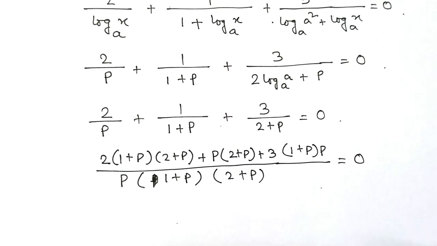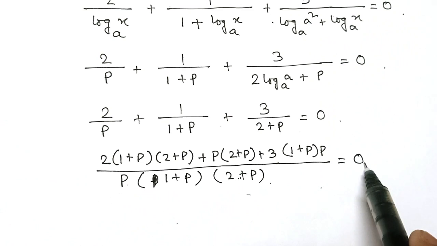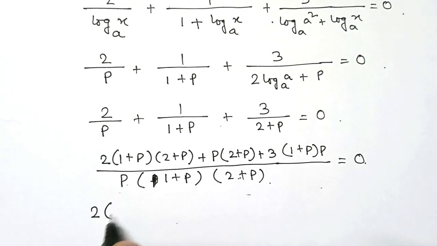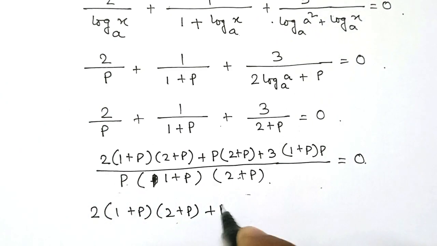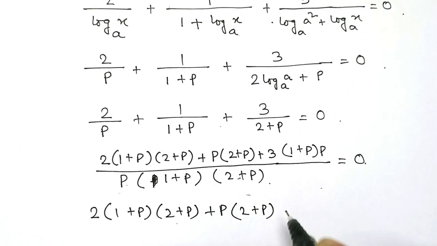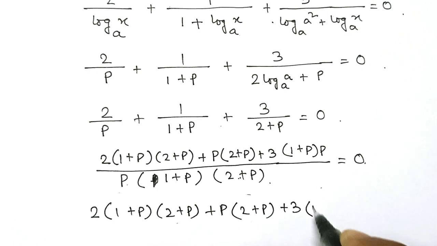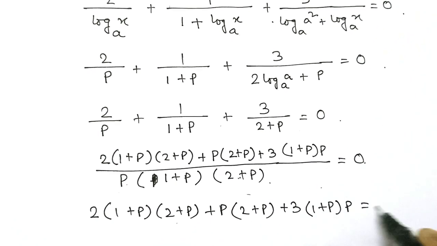This will be equal to 0. We can now cross multiply this total denominator with this 0, and it becomes 2 into 1 plus p into 2 plus p plus p into 2 plus p plus 3 into 1 plus p into p is equal to 0.